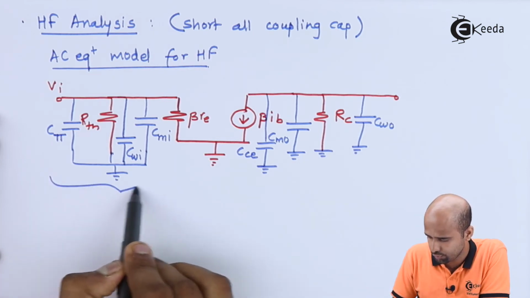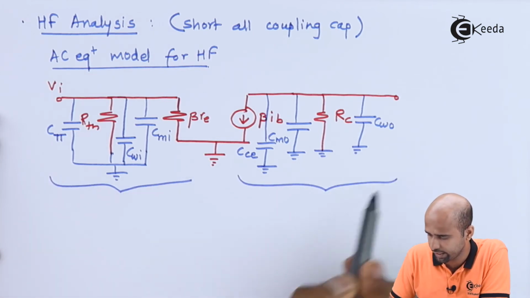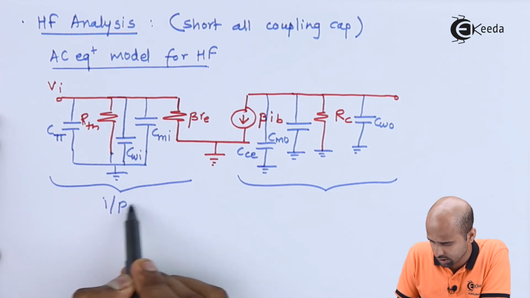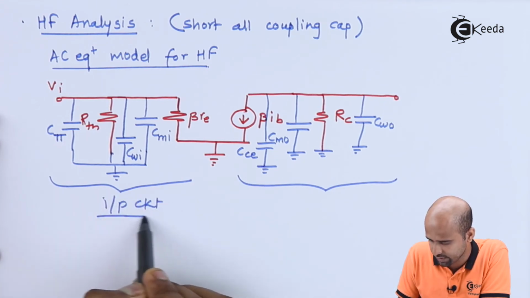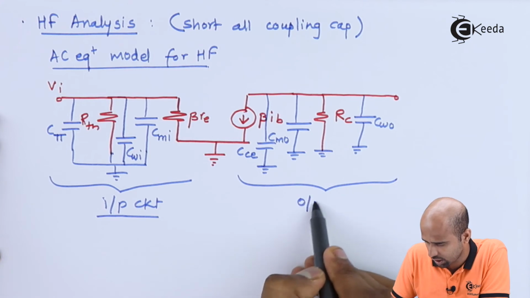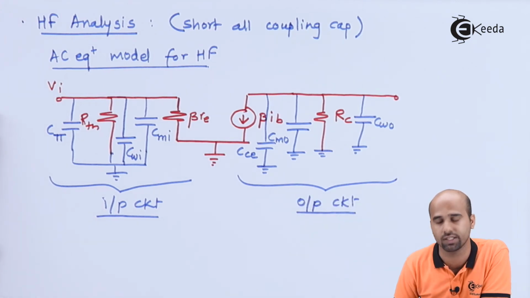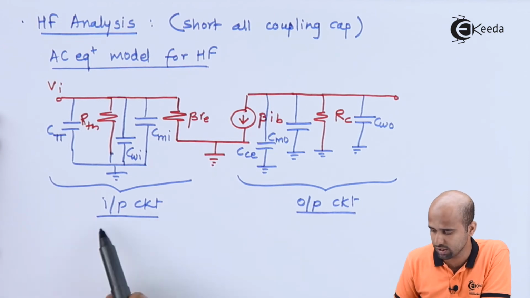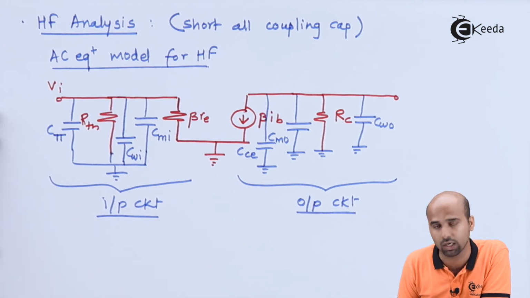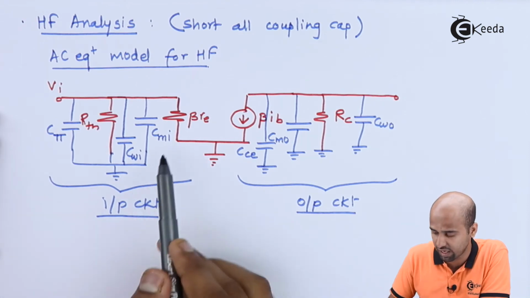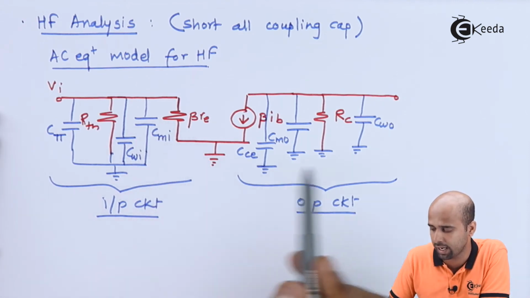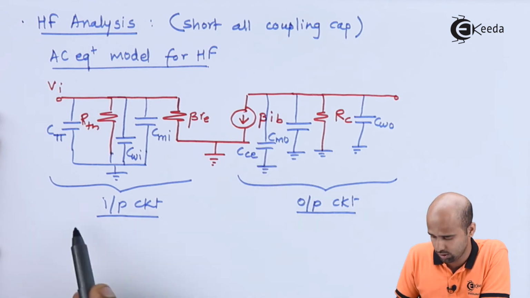So we'll bifurcate into two parts. One is the input circuit, as we have done in high frequency analysis, and this is your output circuit. From both the circuits we will be getting the cutoff frequency at the high frequency side. But before that we have to calculate the value of CMI and CMO.